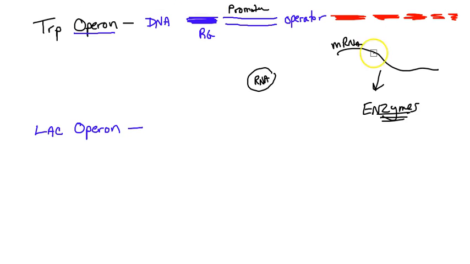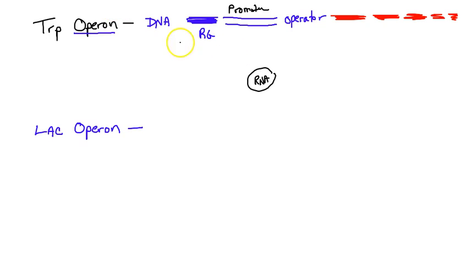So let's get rid of this and understand that this pathway is making something. We're going to go this way and make tryptophan, and we do so by making enzymes, as I just said, that do what?